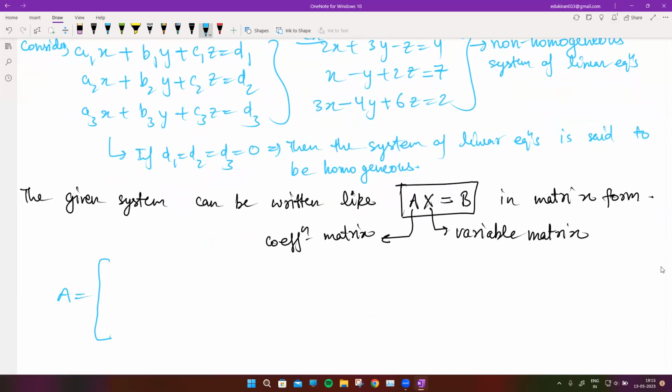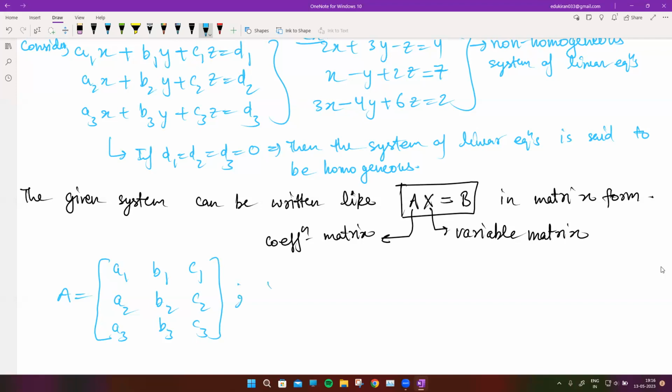So this matrix should be 3 cross 3. Just write out the matrix directly: A1, B1, C1, A2, B2, C2, A3, B3, C3. Take all of the coefficients and form a matrix, and you can easily see why I am calling this a coefficient matrix, right?